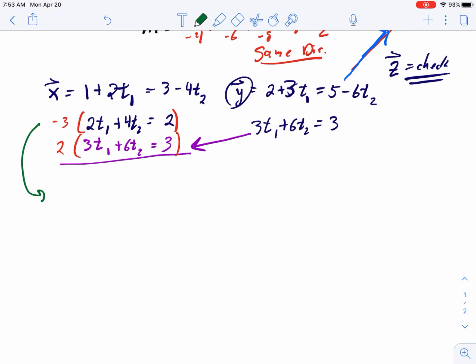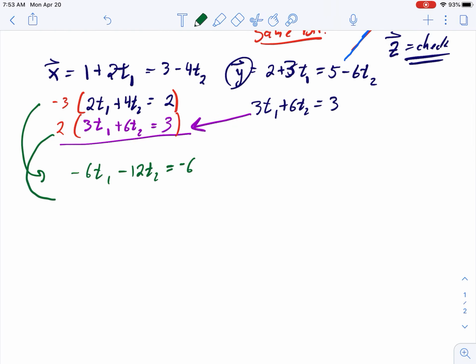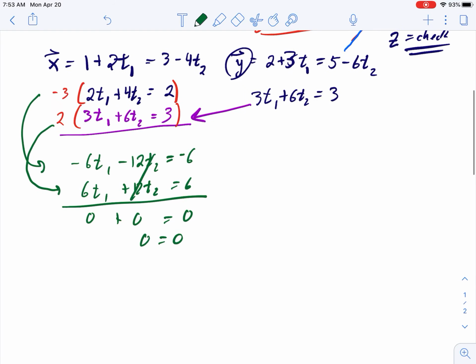This one, I'll have -6t1 minus 12t2 equals -6. Next equation, I'll have 6t1 plus 12t2 equals 6. So I get 0, 0, and 0, so basically 0 equals 0. That would mean this is an all-solutions case.